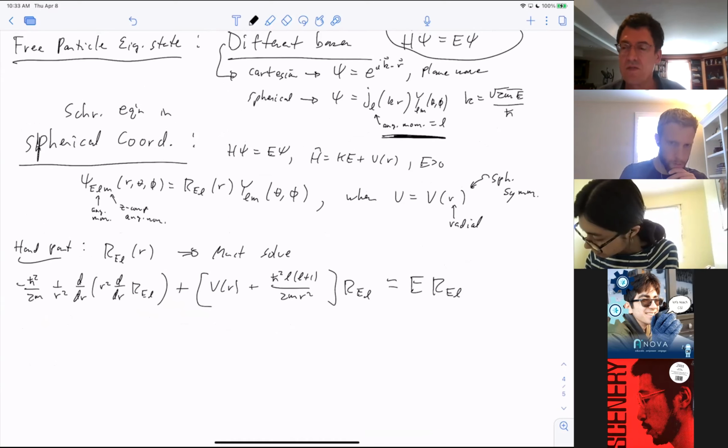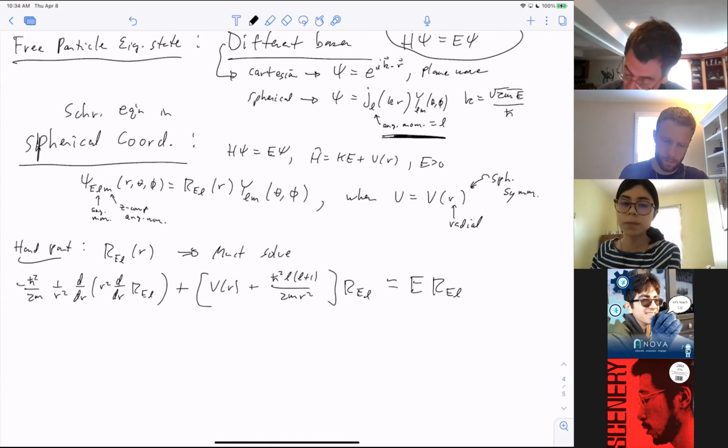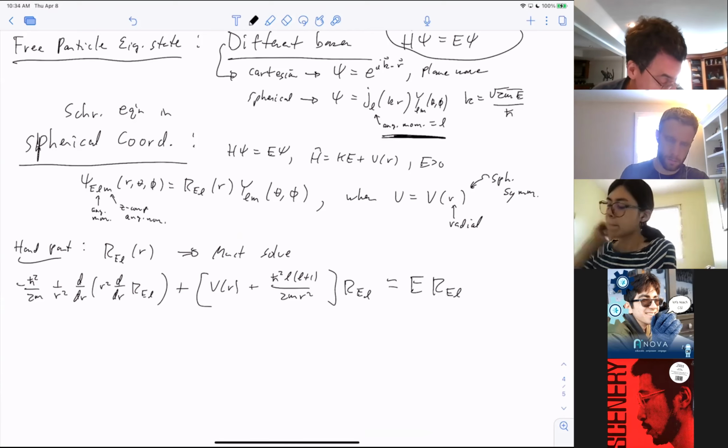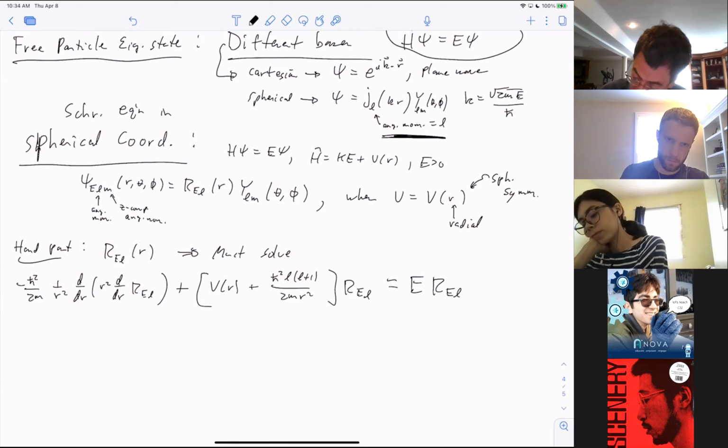Does this look a little familiar? This is the radial Schrodinger equation. You have to solve it to get the radial component of the wave function. You did this many times last semester for the free particle, and for the hydrogen atom.